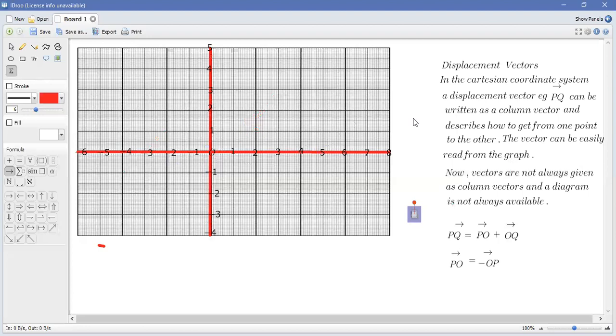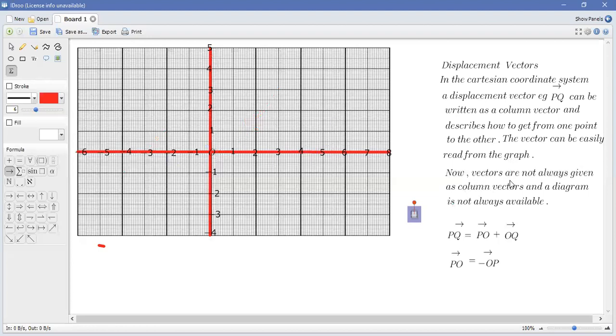So that's when you count the vector, when you count the spaces horizontally and vertically, whether going left to right or down and up or up and down, it tells you how to get from one point to the other. The vector can be easily read from the graph, as we have seen in the last class.